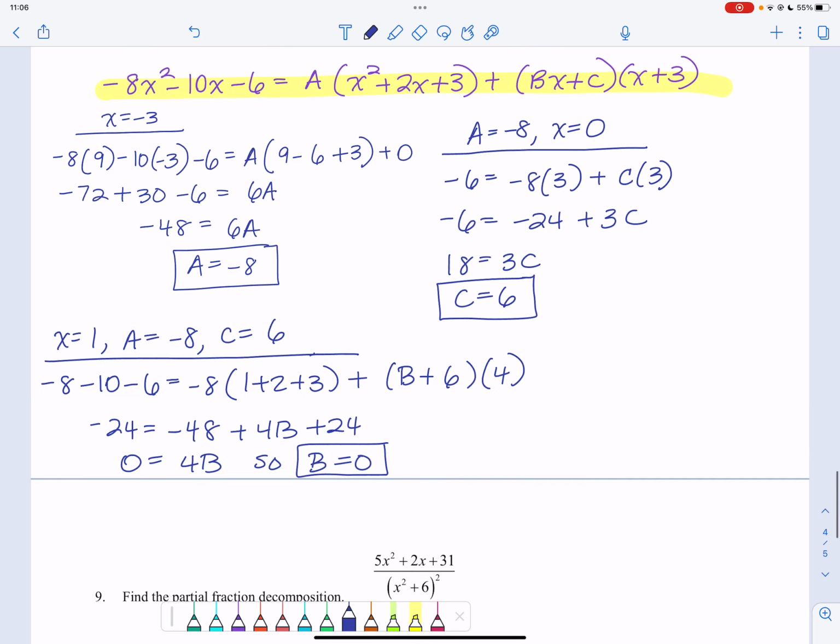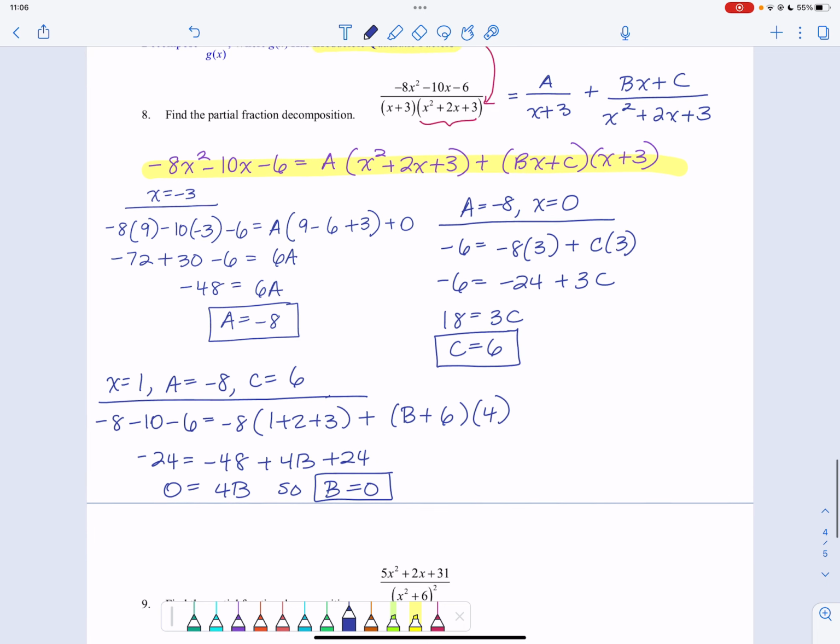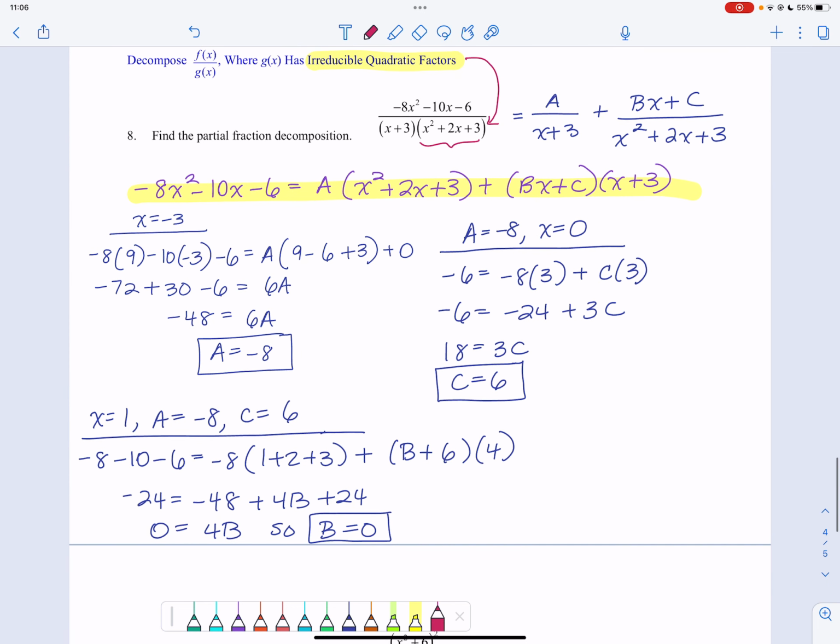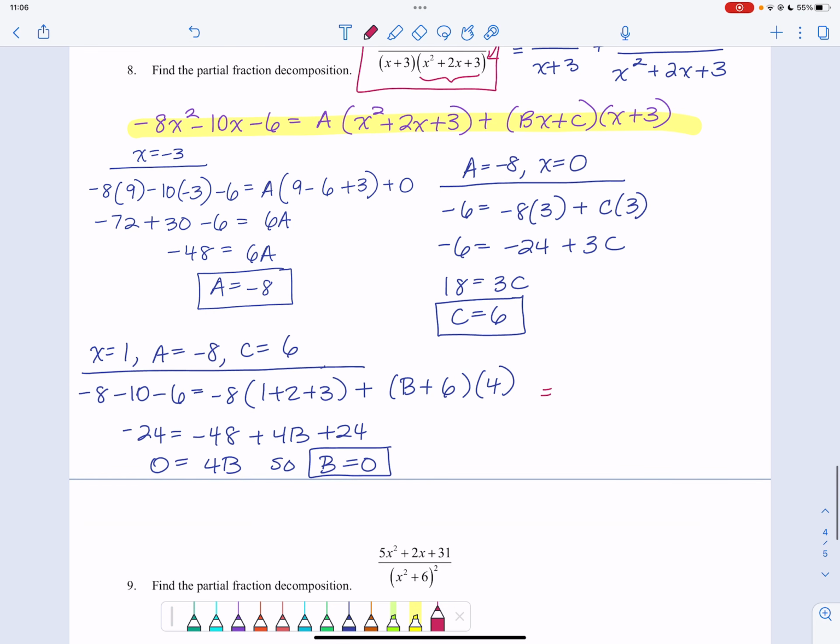So with all of that, we have our original rational expression. It is equal to, maybe I shouldn't put that bracket there. This is actually equal to negative 8 over x plus 3.